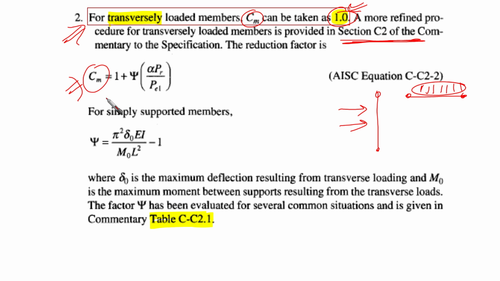But if not, if you want to go accurately, then you can reduce the Cm by this factor and alpha, whether you are LRFD or ASD, and Pr and Pe1, as we have explained before.